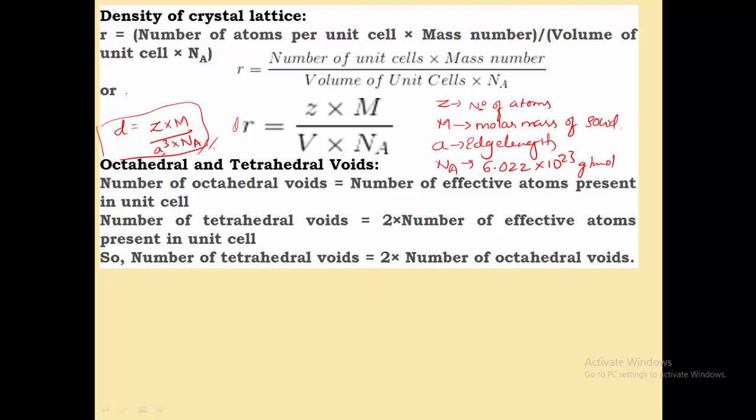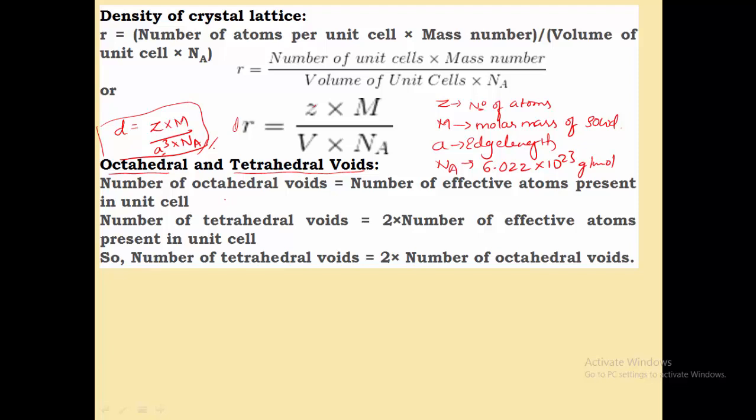Next, octahedral and tetrahedral voids. When the close packing arrangement takes place, certain voids are formed in the crystal lattice, and voids are nothing but empty spaces present inside the unit cell and between the atoms.